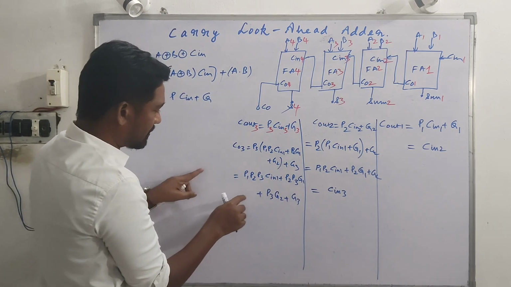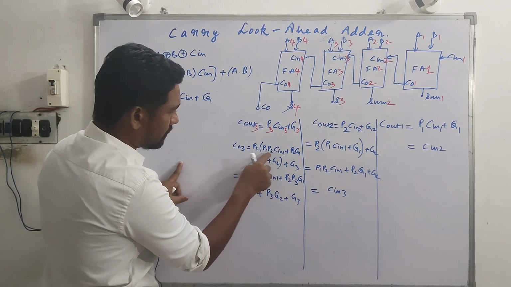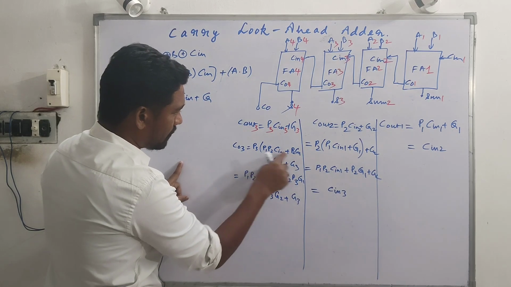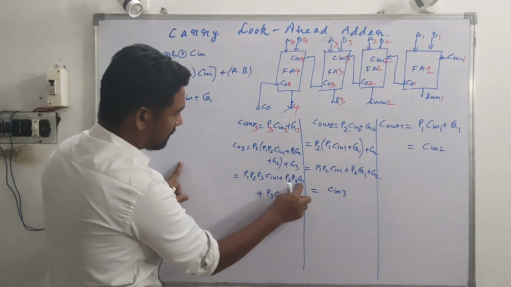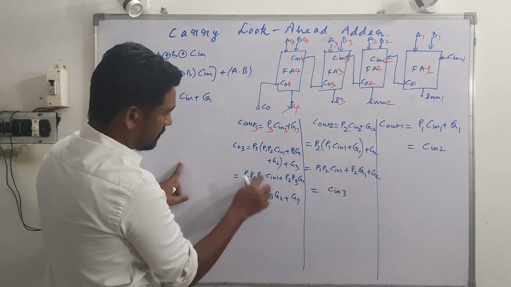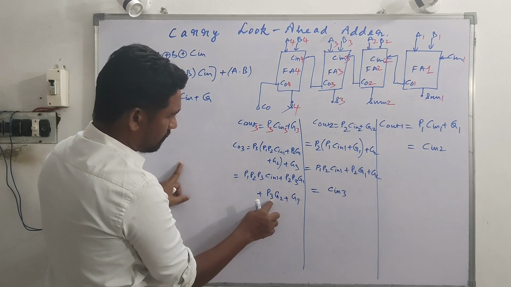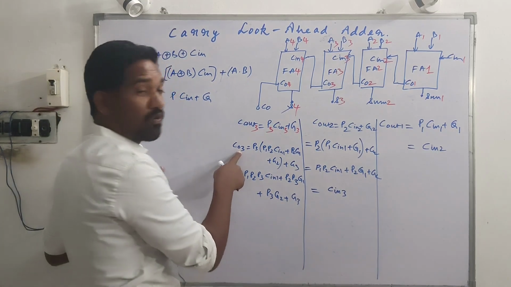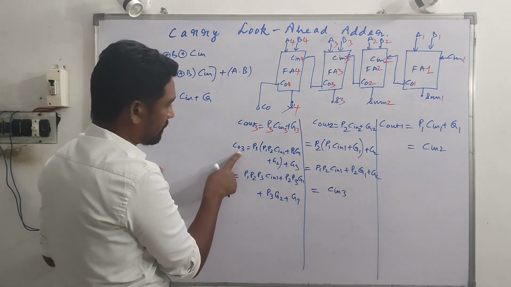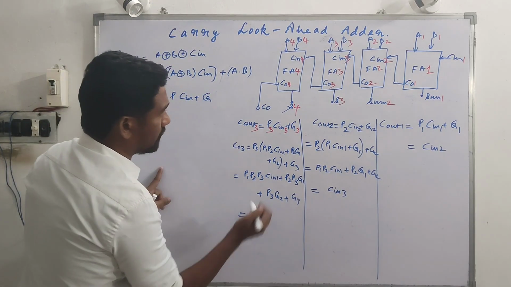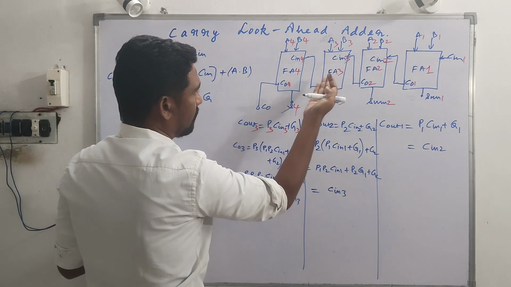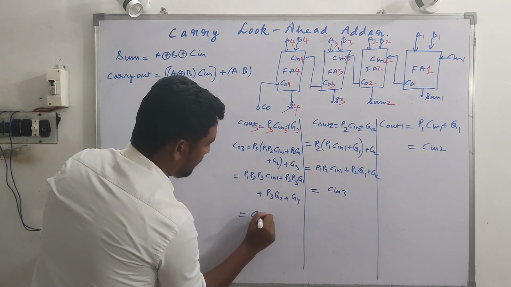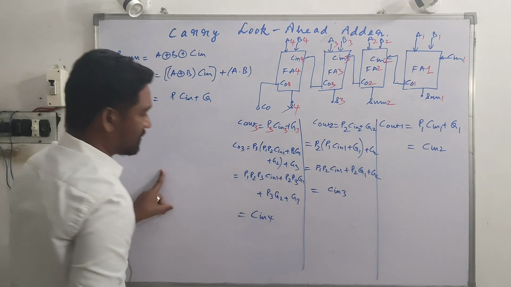All right, did we miss something? P1 P2 P3 C in 1, P2 P3 G1, plus P3 G2, and G3 appears as it is, isn't it? So this is the Boolean expression for C out 3, which, from the parallel adder, is the same as C in 4, isn't it?